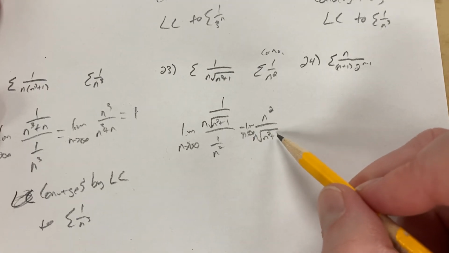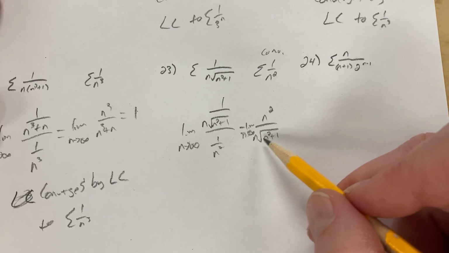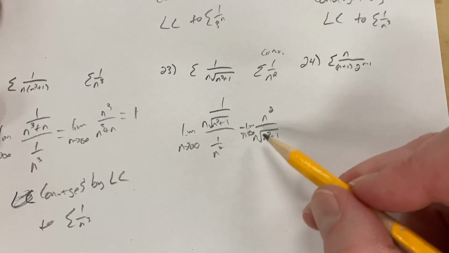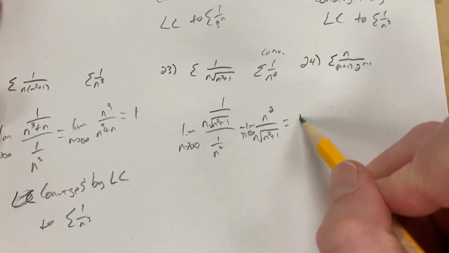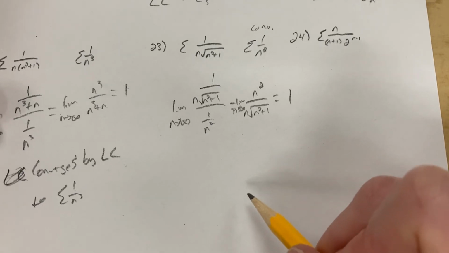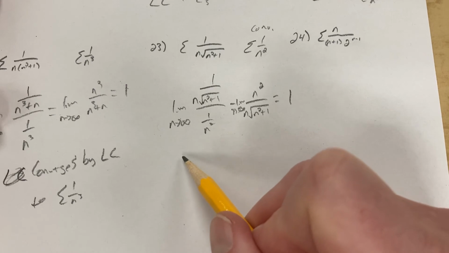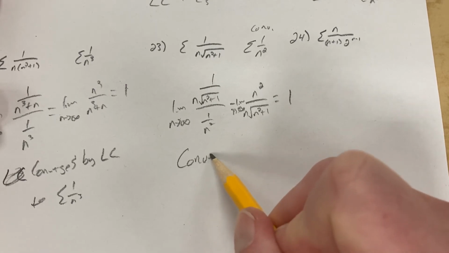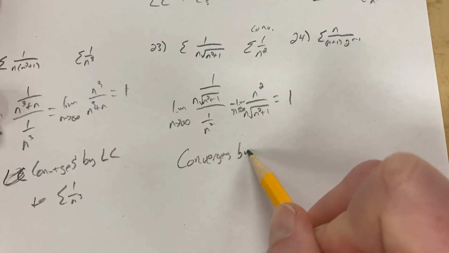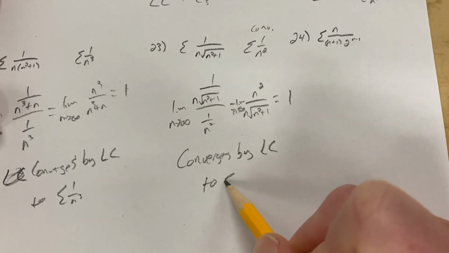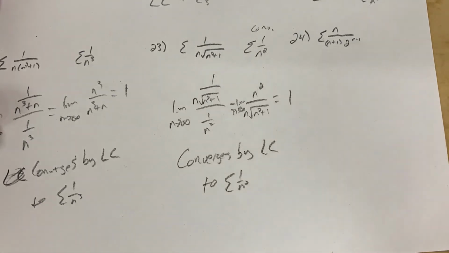And as n goes to infinity, this plus 1 becomes insignificant. We're going to get basically just n squared on the bottom over n squared there. This limit's going to go to 1. And so since it does give us a number, not 0 or infinity, we would say that this converges by limit comparison to 1 over n squared.